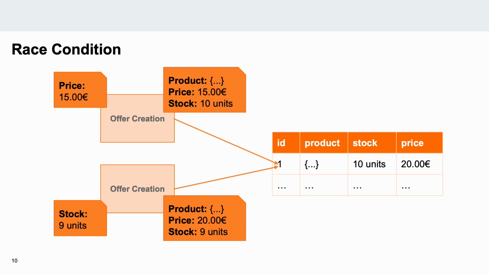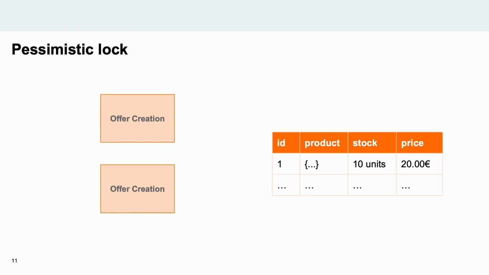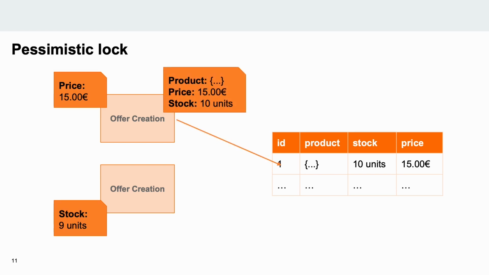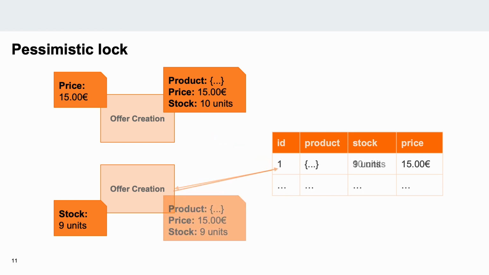To fix this, in the old system we were working with Postgres, so we introduced a pessimistic lock on the database, which means only one host will be able to get an exclusive lock on a row, and then it will be able to update the data. Then the other host will continue, get the updated data, update it, and put it back into the database.